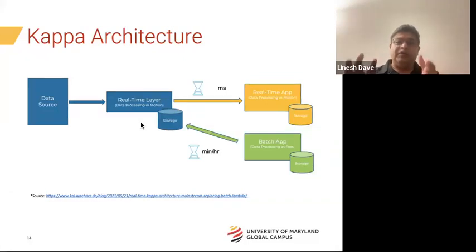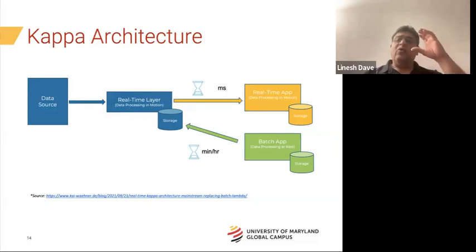You will want to ensure that everything that goes through this real-time channel, what needs to go to real-time will go to the real-time layer, and what needs to go to the batch layer will go to the batch layer.